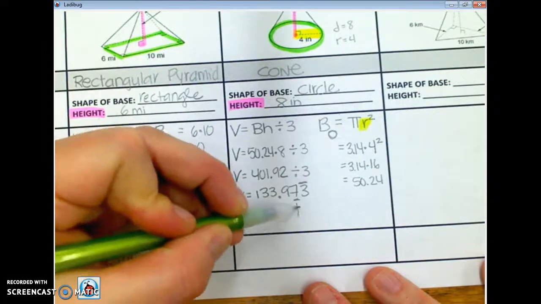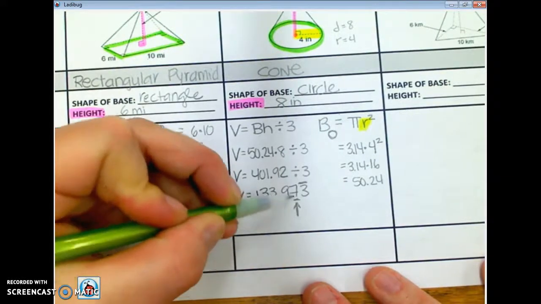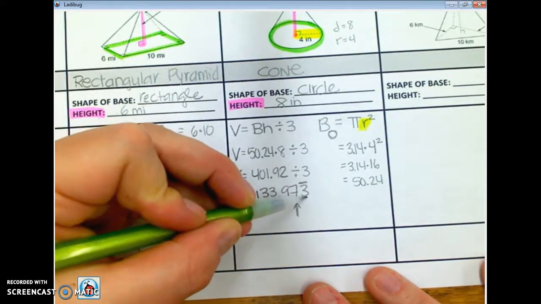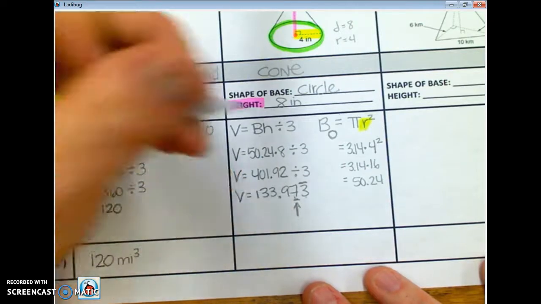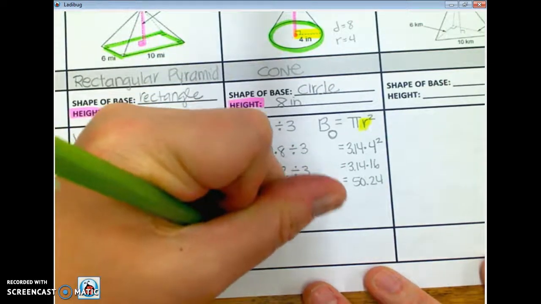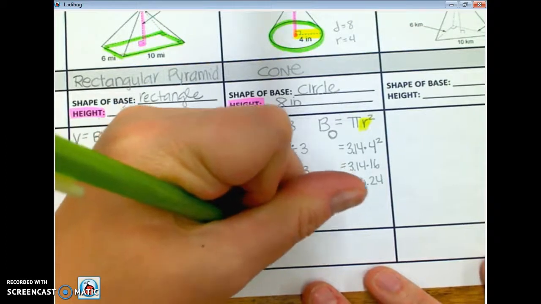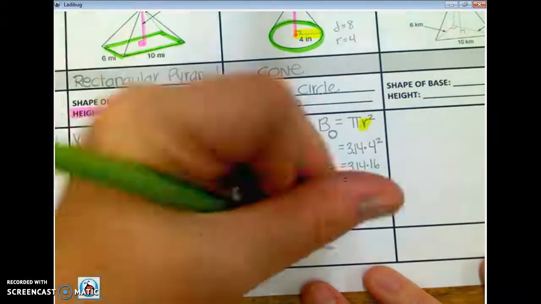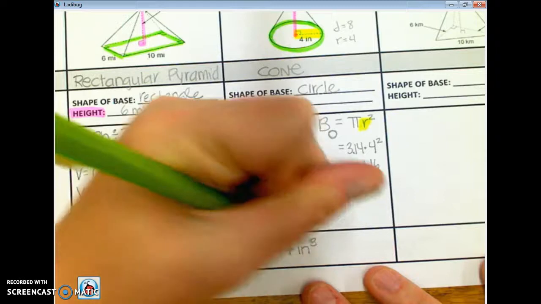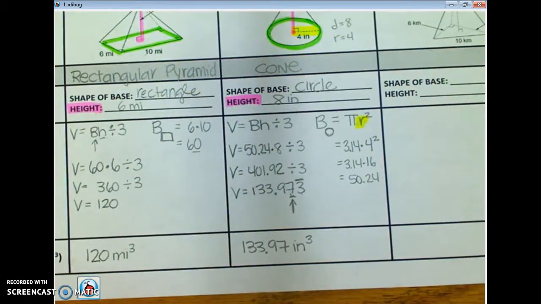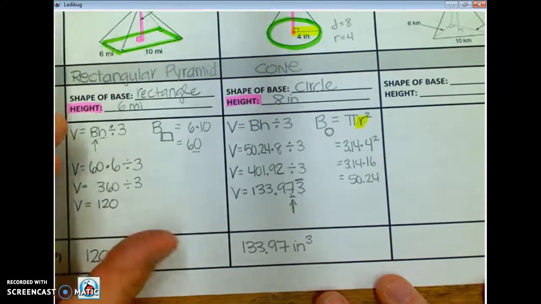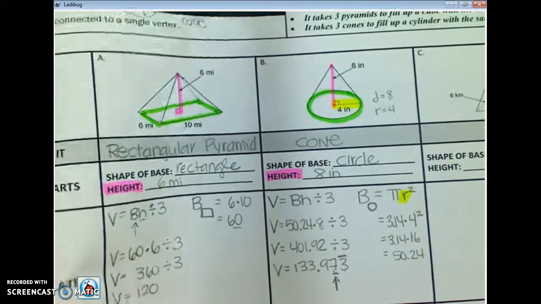This is the hundredth position right here, so you have to look to the right. Is the 3 big enough to push the 7 up? No, it's not. So 133.97. And then my units were inches cubed.